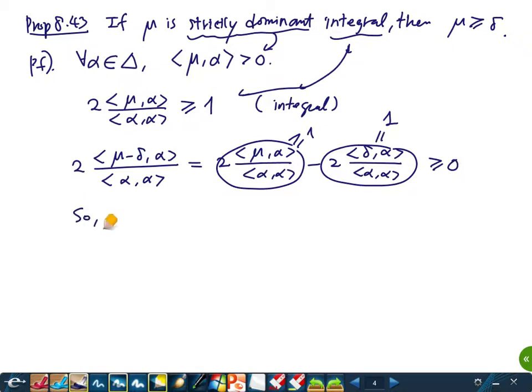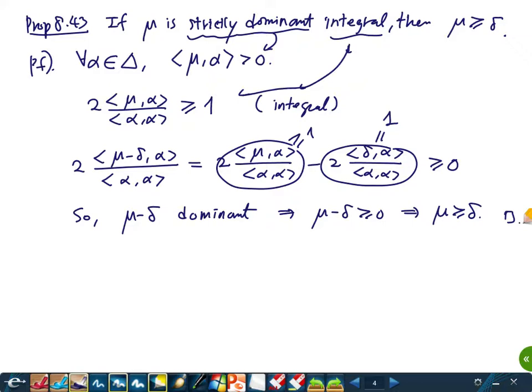So mu minus delta is dominant. But we showed that a dominant element is greater than or equal to 0. Mu minus delta is greater than or equal to 0, but then of course mu is greater than or equal to delta. And that's the proof. So pretty simple.